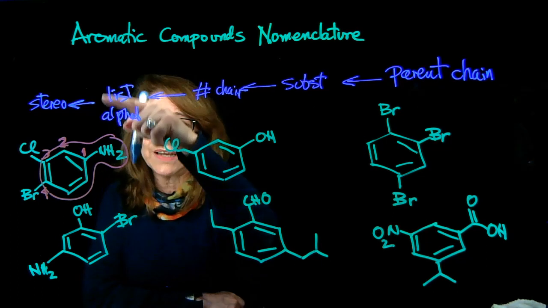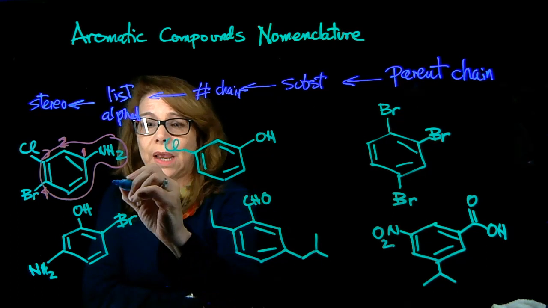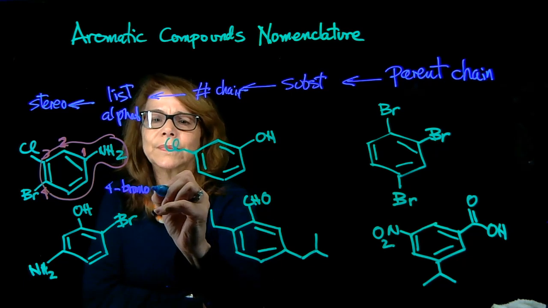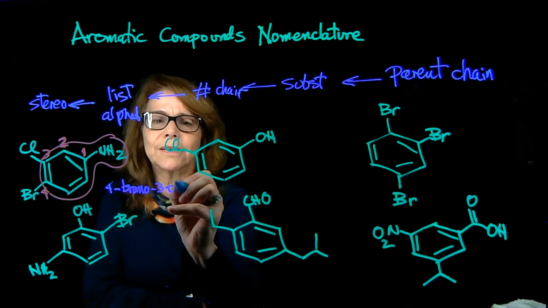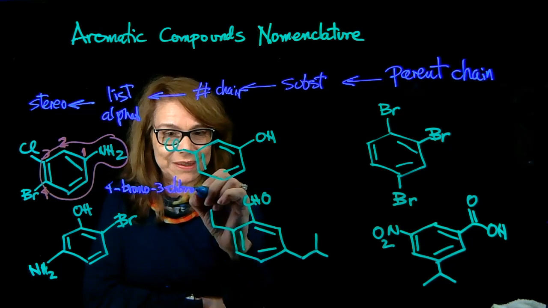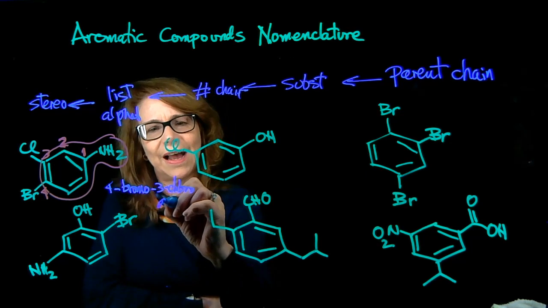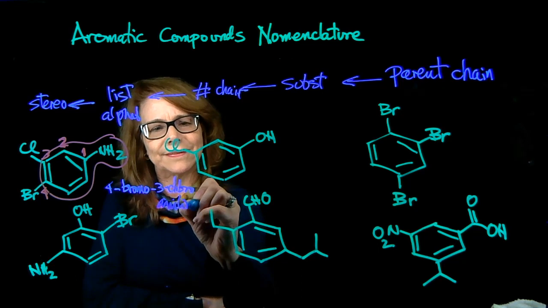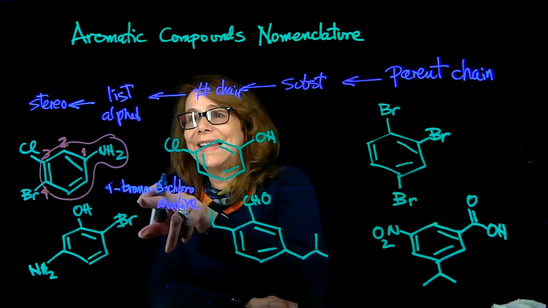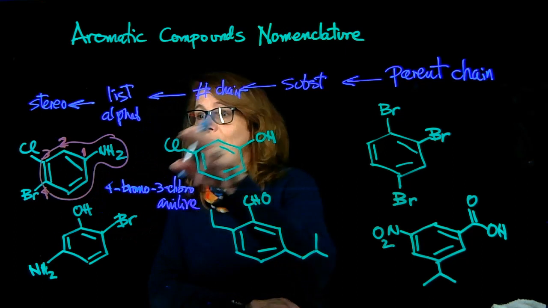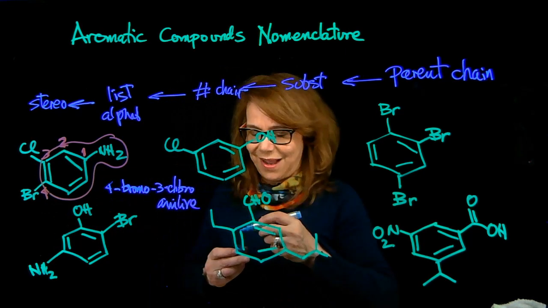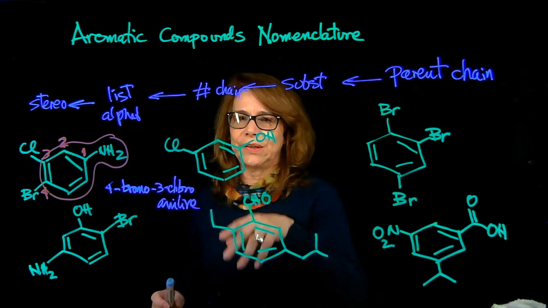I need to list alphabetically, so I need to say 4-bromo, 3-chloro, and I'm going to write it under, but it should be like here, aniline. I'm just saving space, okay? So again, listen alphabetically. Substituents are chloro and bromo, so bromo goes first, despite being number 4 in the numbering here.